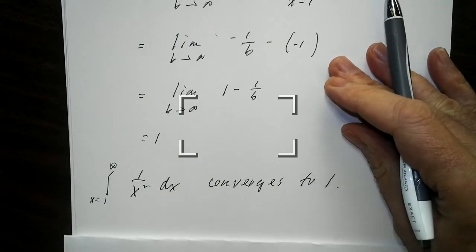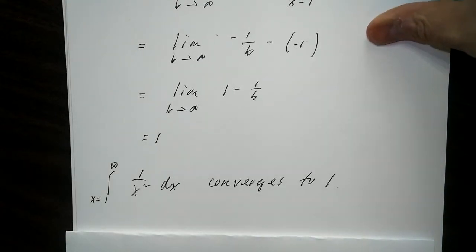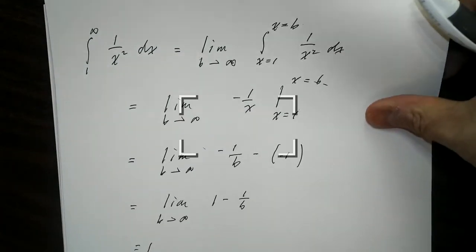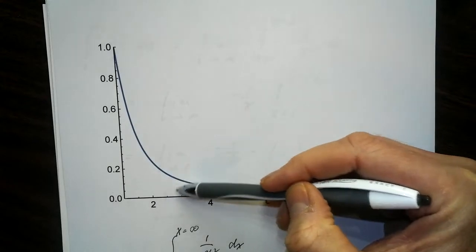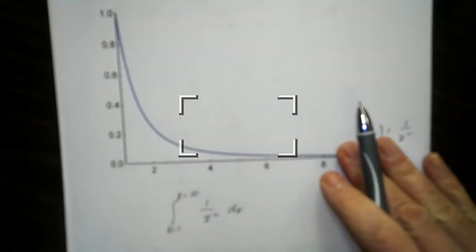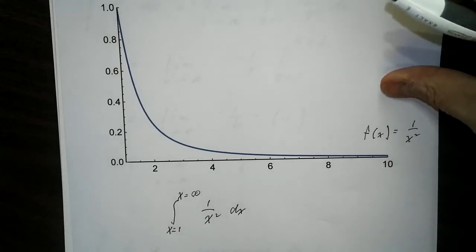So in this case, we would say that the improper integral from 1 to infinity of 1 over x squared dx converges to 1. So that means, how much paint would I need to paint all of this area? On the surface, the amount of paint seems infinite, but I would only need 1 unit, or 1 gallon.